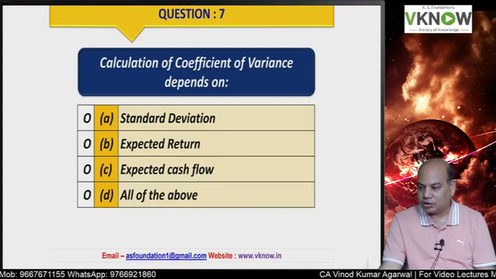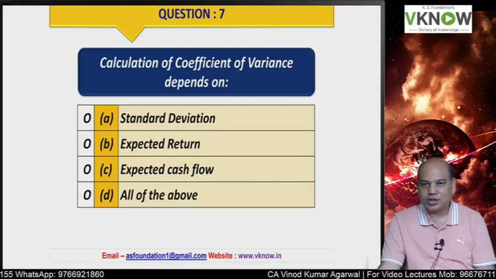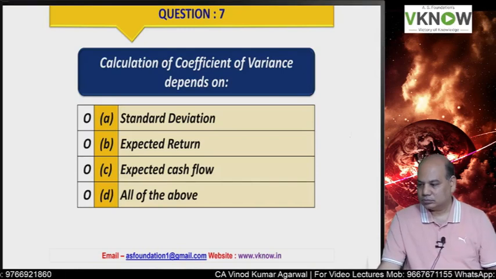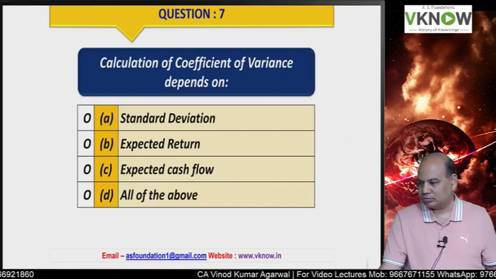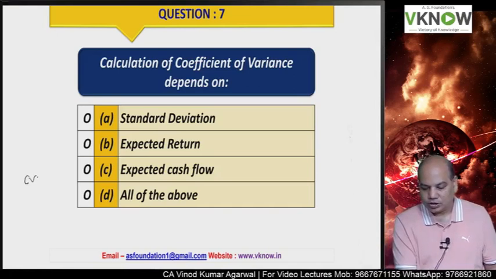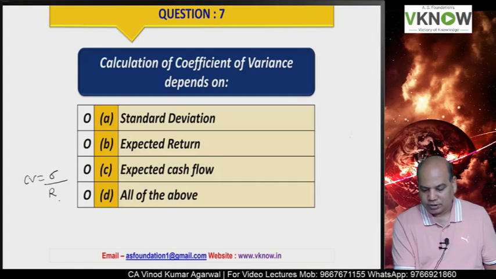Seventh, calculation of coefficient of variance depends on standard deviation, expected return, expected cash flow, all of the above. Coefficient of variation is standard deviation upon return, but this return can be expected cash flow also.